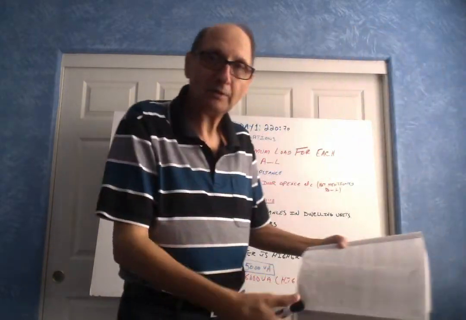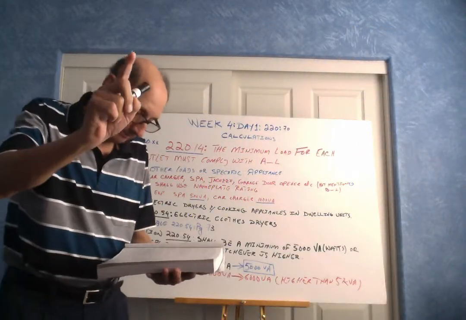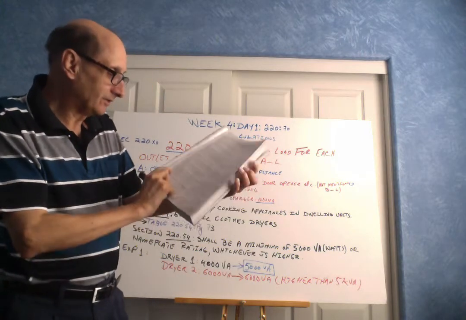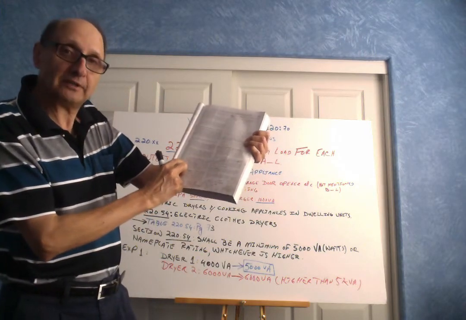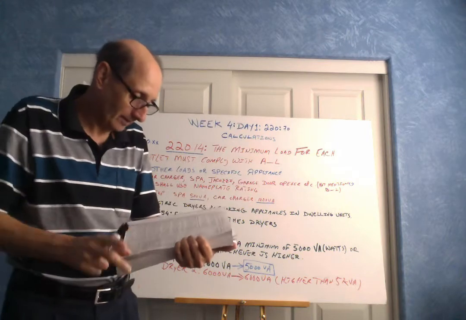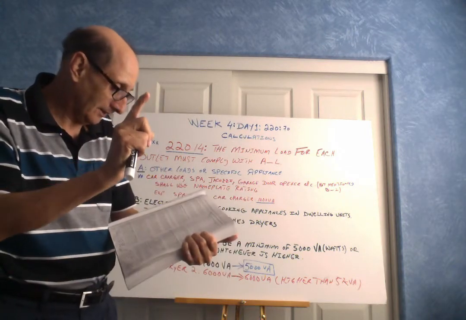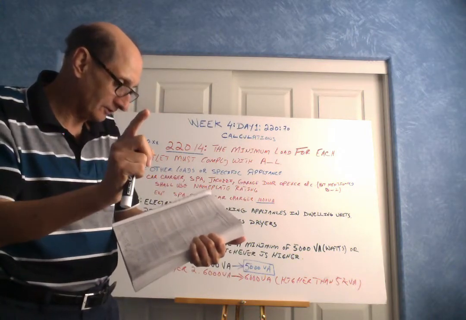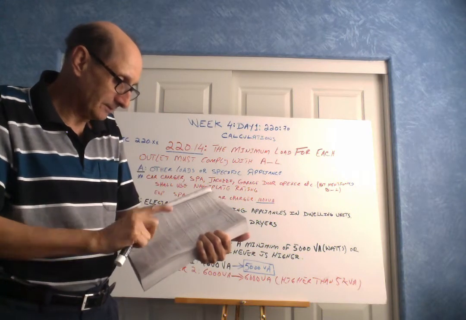I'm going to read one more time for you guys. Page 73, section 220.54 right here. Highlight, underline, electric clothes dryers, dwelling units.